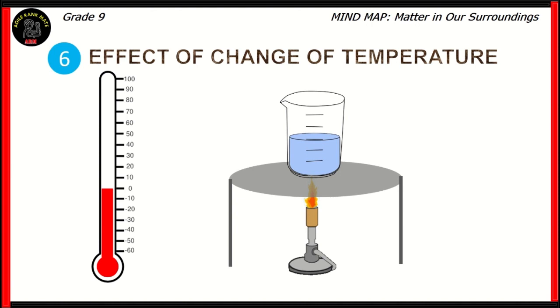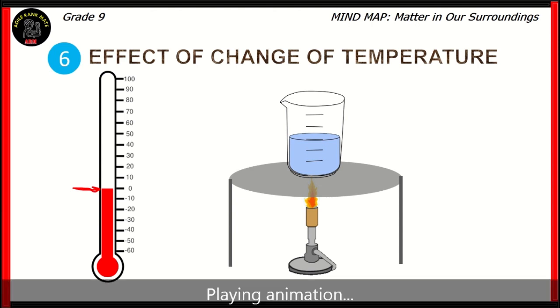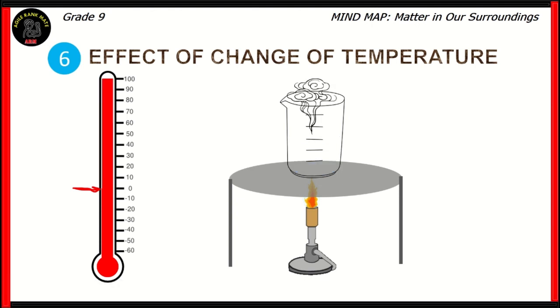However, even when we try to heat it a bit more, the temperature would still stay at 0 degrees Celsius for some time. But then after some time, it would start increasing. And when it reaches 100 degrees, the liquid water would change into water vapors. However, just like before, if we try to increase it, the temperature would stay the same in the thermometer for a bit of time at 100 degrees Celsius, and then after some time it would start increasing.